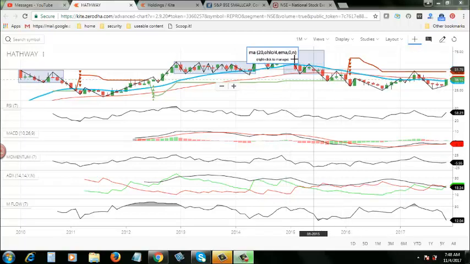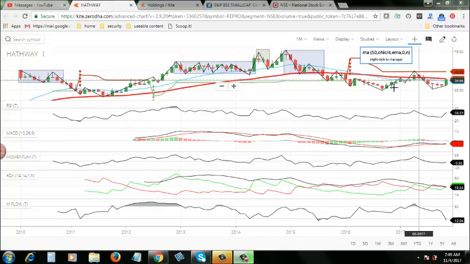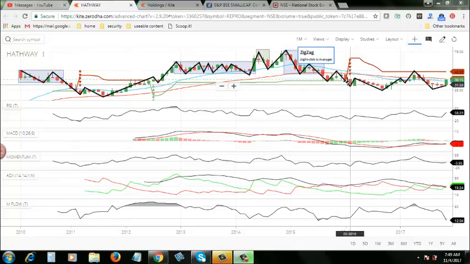The last peak was in December 2014, when it was trading at 75, 76 rupees 85 paise. That was the peak price of this particular stock in the last few years, and after that the stock kept on going down.